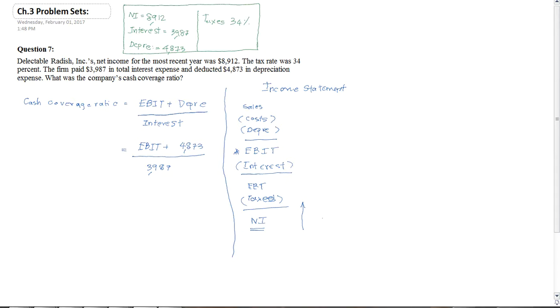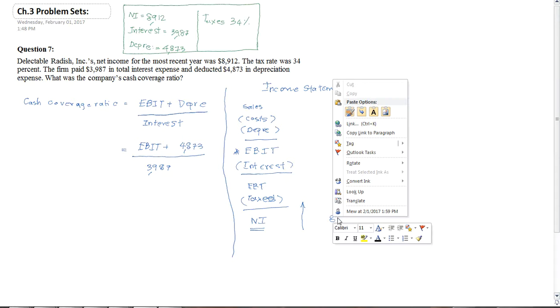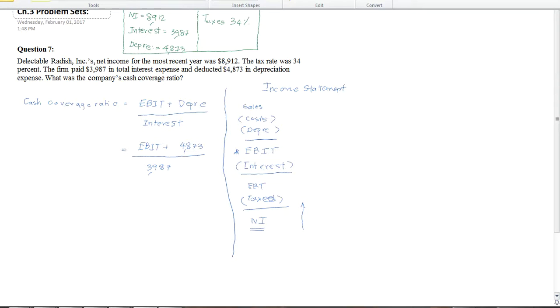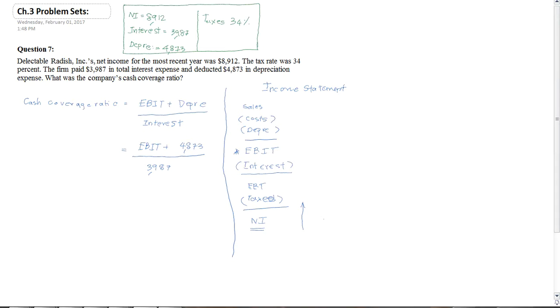So we have net income, which we're given, 8912. We don't know the tax, but we were given that tax is 34%. We also don't know these other items.